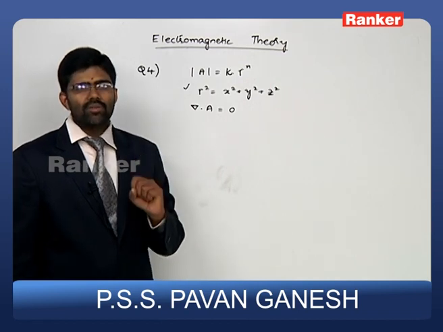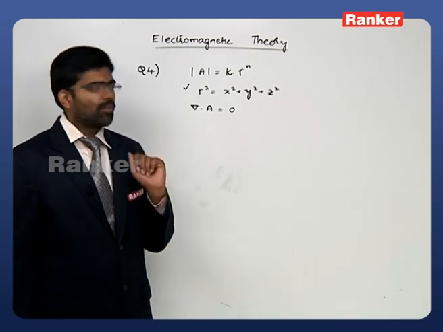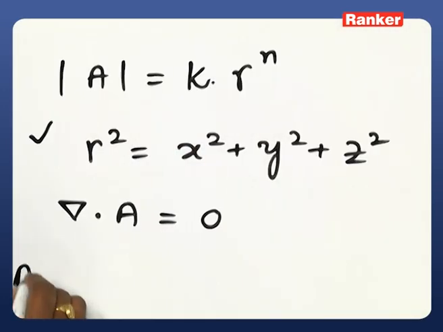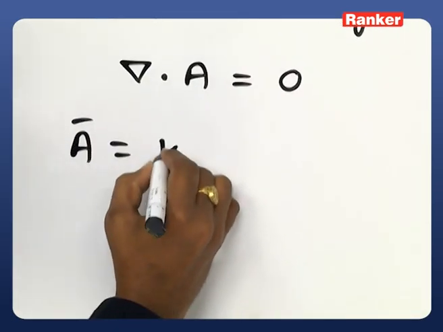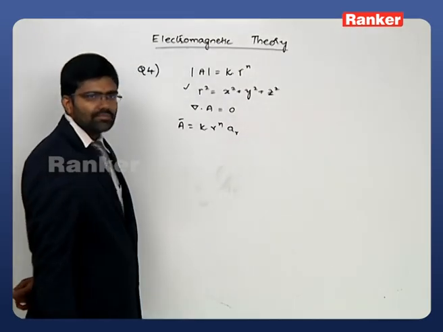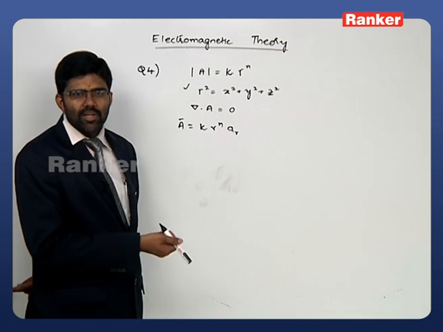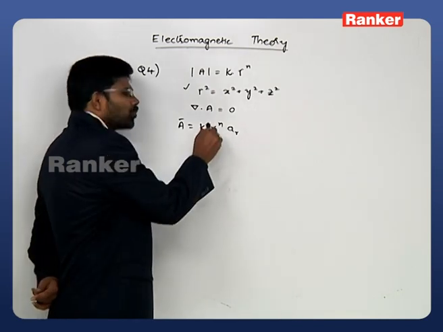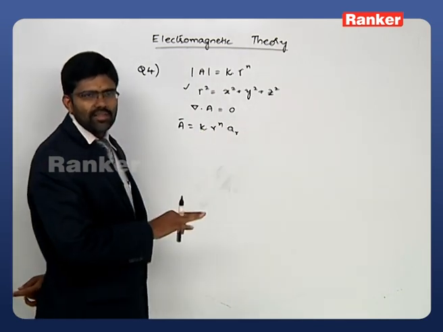So in the spherical coordinate system, we need to represent the vector A bar. For that, let us take A bar as k r power n in the direction of r. In our notation we took that one as capital R, but now in the problem small r was given, so consider the smaller itself, no problem.